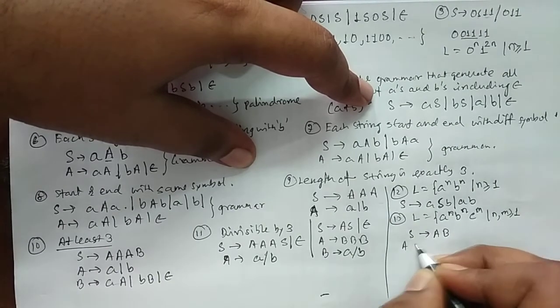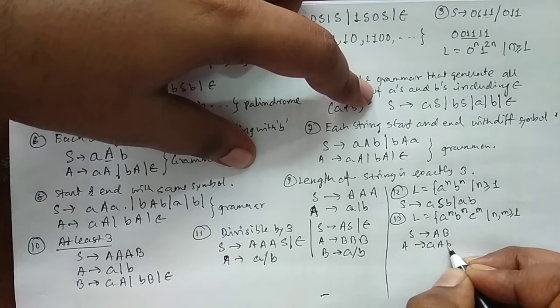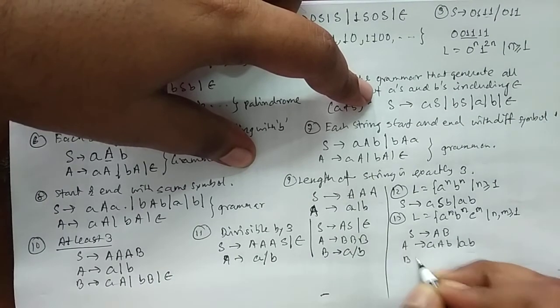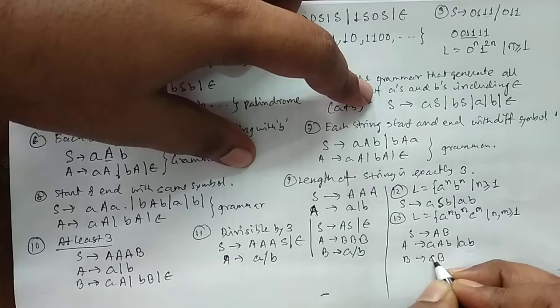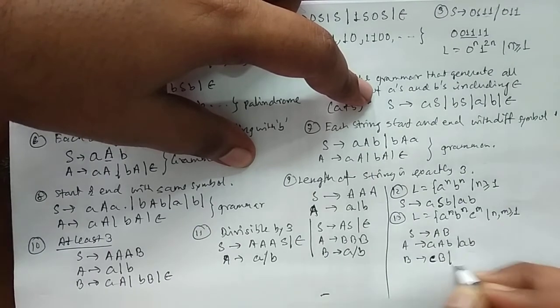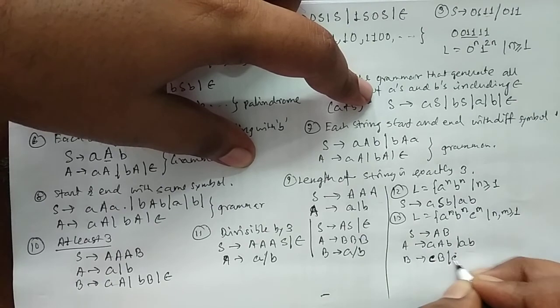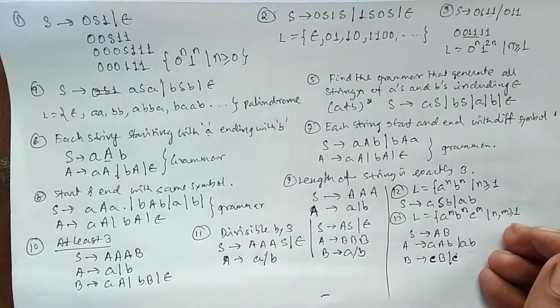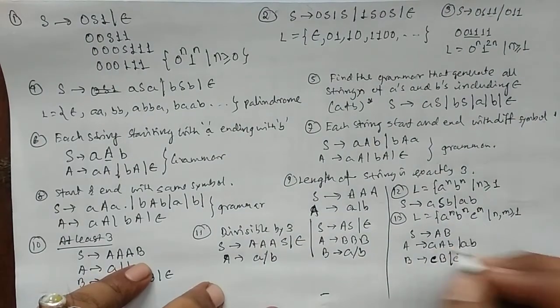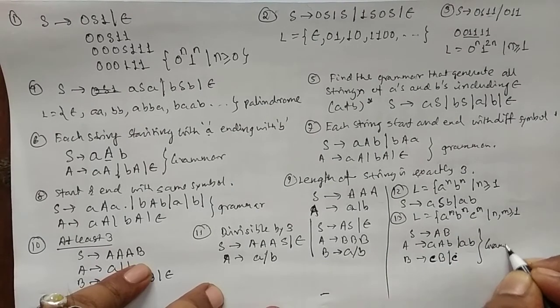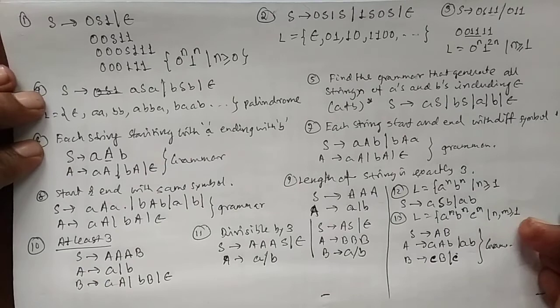Now A is this one or aAb, and B is cB, this is kept as small c, and this is small c. So this is the corresponding grammar of this particular language. This is the grammar.